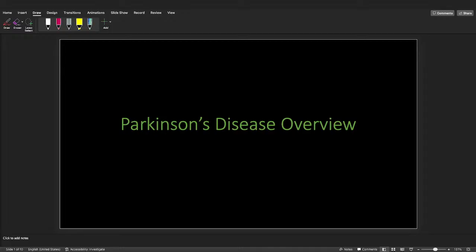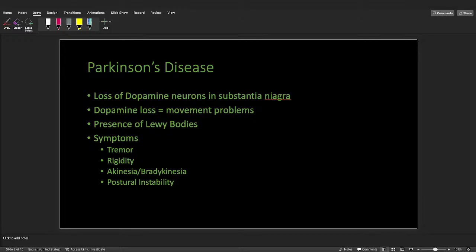In this case, you'll see a lot more loss of dopamine neurons in the substantia nigra. These dopamine neurons are much fewer than they should be, to the point where certain activities are not working well for those patients.